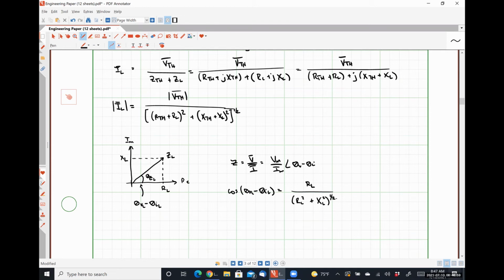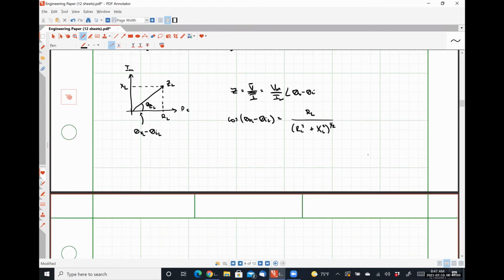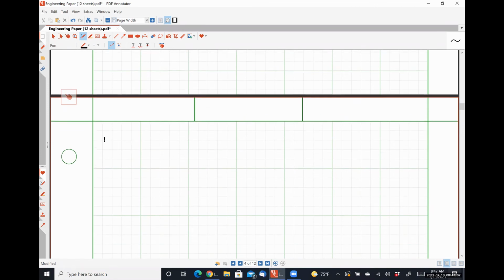So if I substitute all three of those relationships into my average power equation, what I find is that I will have 1/2 times, so this is going to get big and ugly, RTH plus RL squared plus XTH plus XL squared to the 1/2 power here, magnitude of VTH times RL squared plus XL squared to the 1/2 power, close bracket.